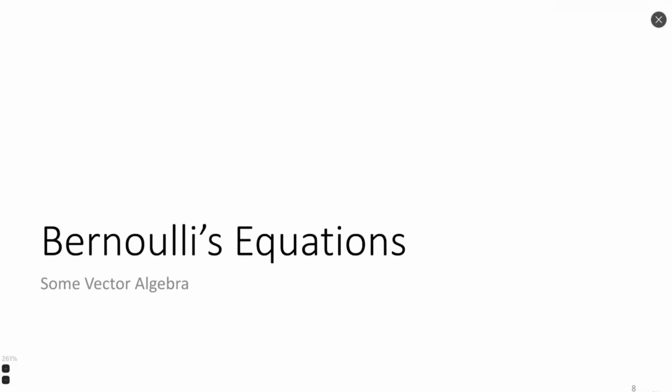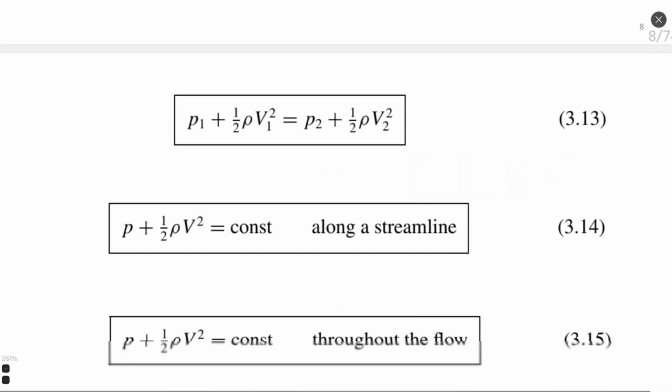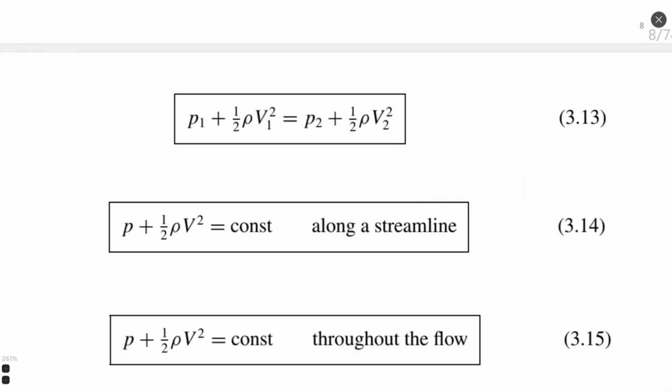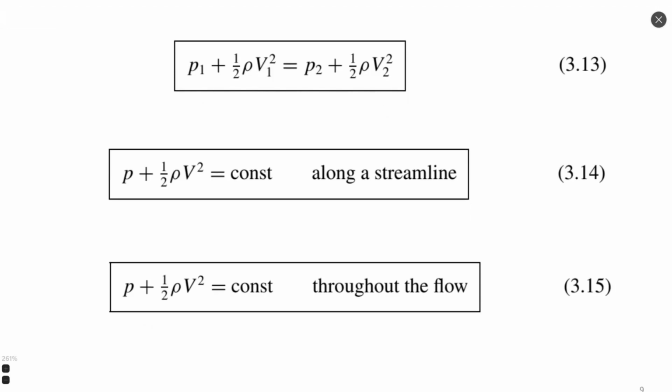So first, Bernoulli equations. You already know this Bernoulli equation quite well. It's a balance of pressure. Dynamic and static pressure stays constant along a streamline or in the cross sections throughout the flow. We can apply it to obtain the change of flow parameters at the entrance and exit of a control volume, and it can also be applied to a finite element, but not so often.